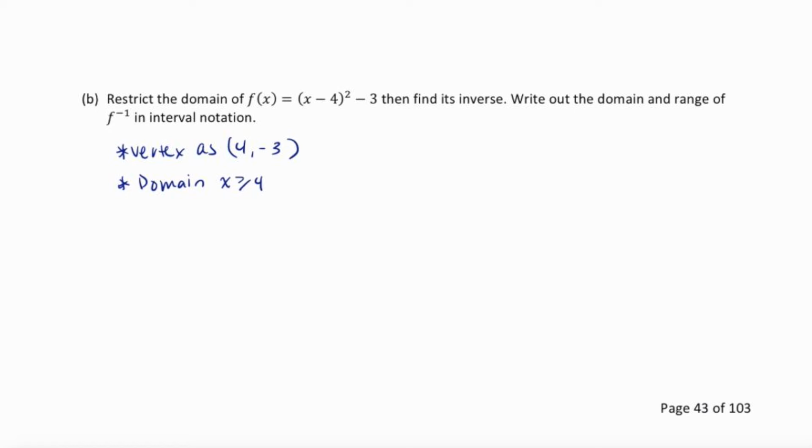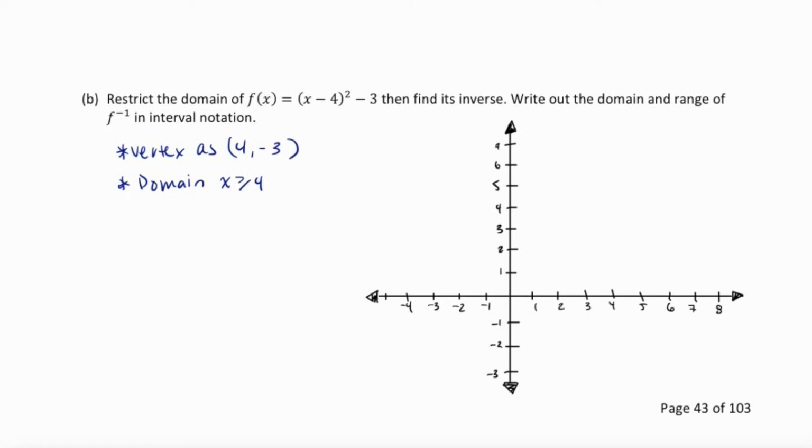Let's draw a quick sketch. So take a moment and draw an x and y axis that is clearly labeled. So here's my axis. If you do not have this sketched, take a moment, pause the video, and catch up with your sketch. Let's draw out f of x.